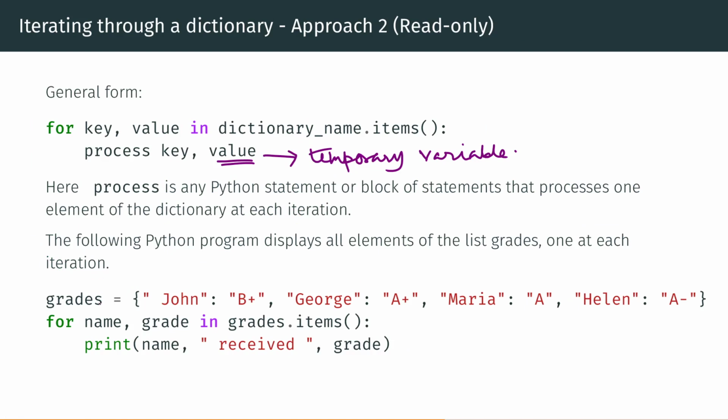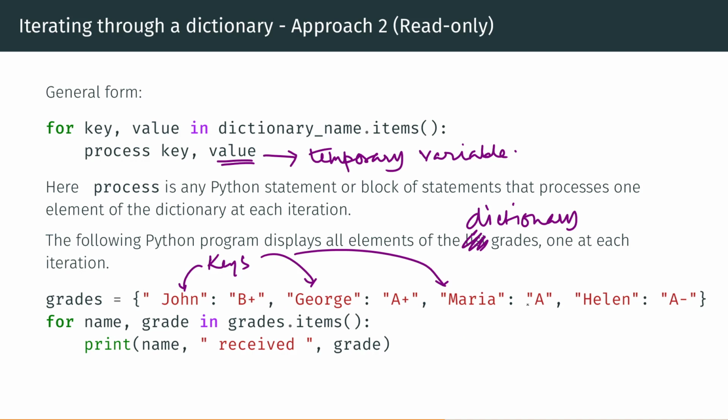But anyways, the following Python program displays all elements of the dictionary at each iteration. So here's the dictionary. The name of the dictionary is grades, and the elements are John, George, Maria, and Helen. These are the keys.